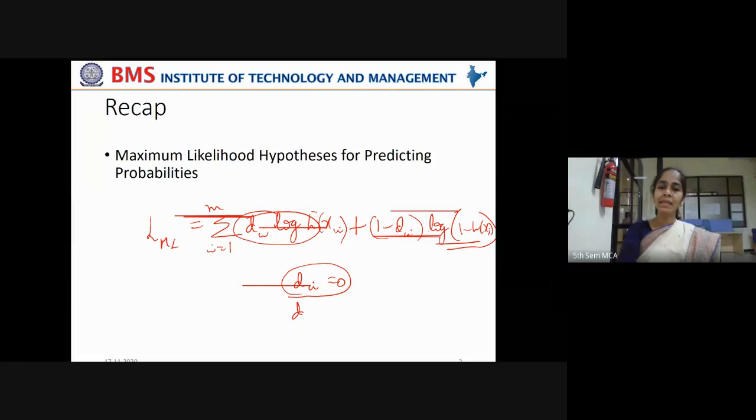But if you take d_i equal to 1, then the outcome of that training example is 1, indicating that the event has happened. In that case, 1 minus d_i means 1 minus 1 will become 0. So this entire term will become 0, and that will give you 1 into log of h of x_i. Okay, so it is the probability of that event occurring.